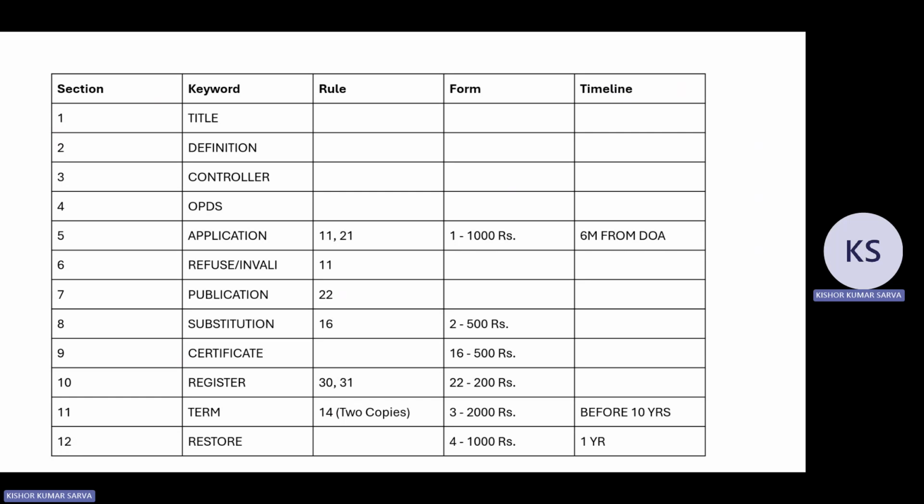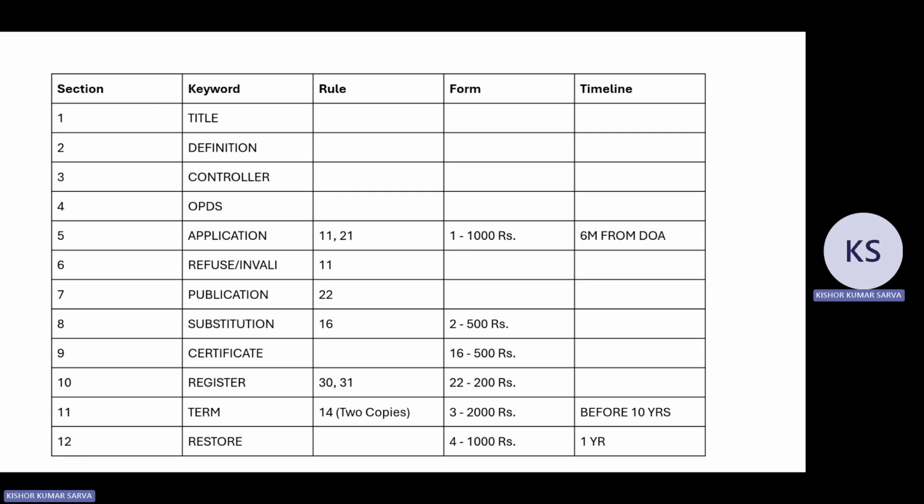Now, section number 8 talks about substitution. The keyword is substitution. What is substitution? If a person is deceased, the legal representative is substituted. If there is more than one owner, then everyone's consent will be taken to substitute anyone.